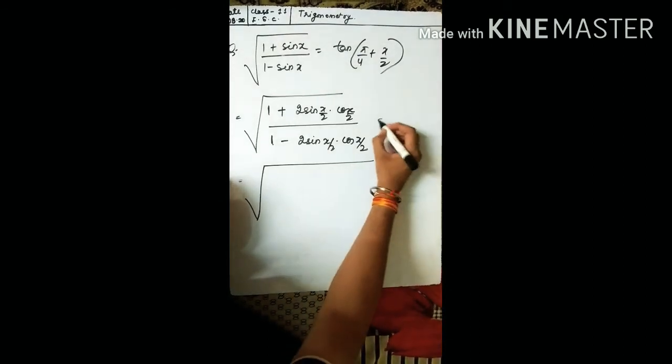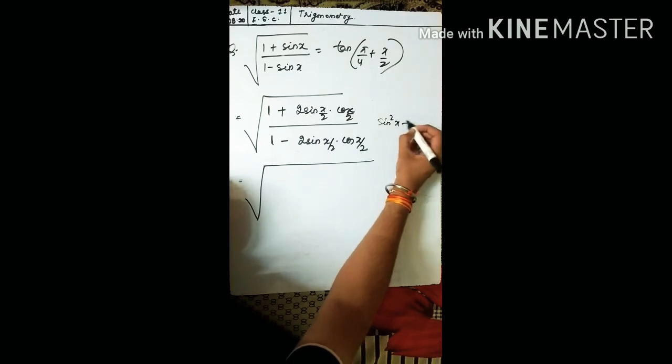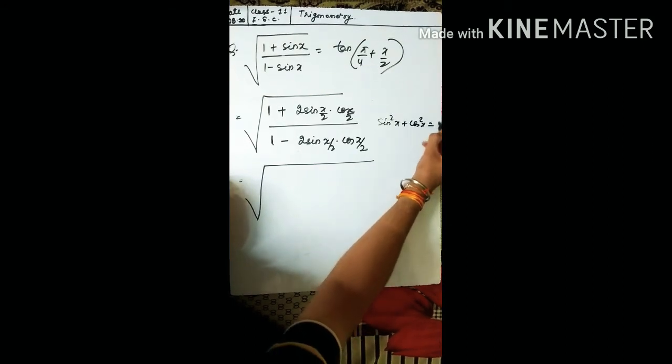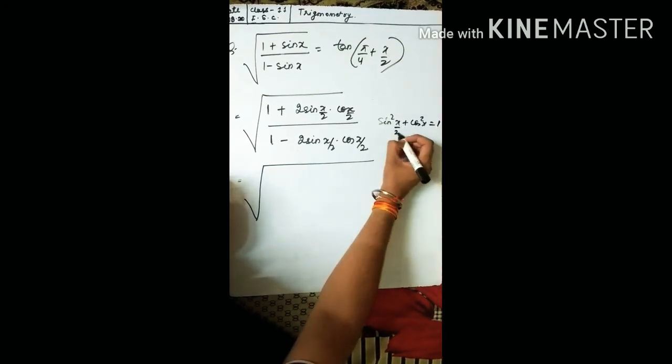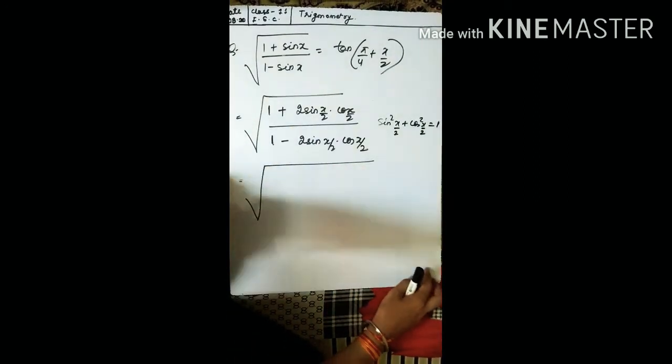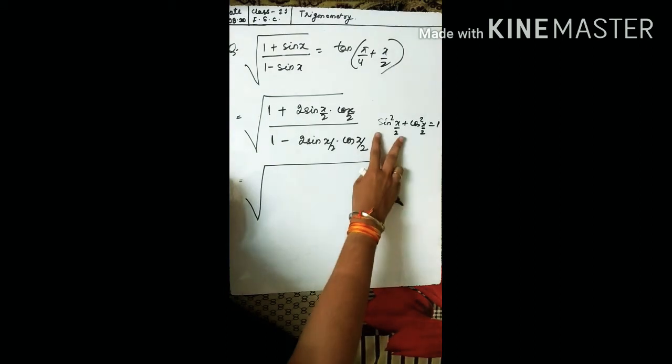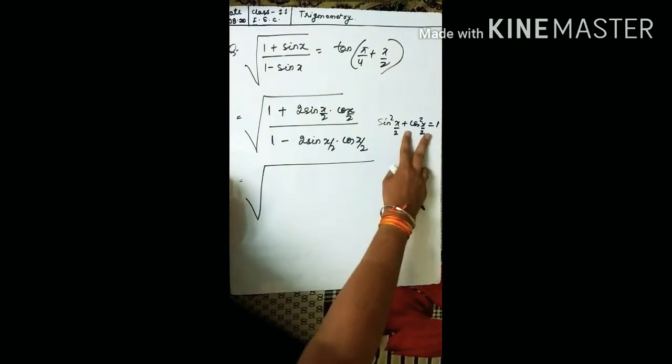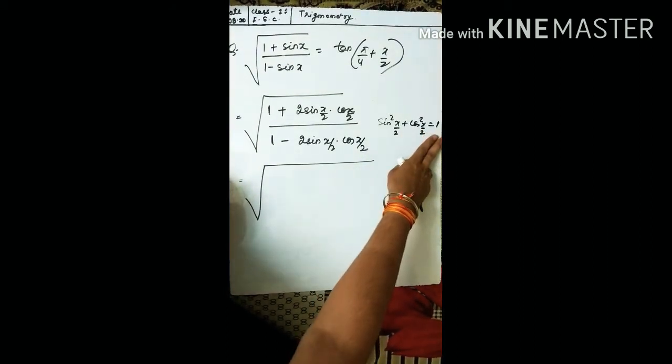As this is equal to 1, if I divide this angle and if I divide this also, this is also equal to 1. So sin square x upon 2 plus cos square x upon 2 is equal to 1.